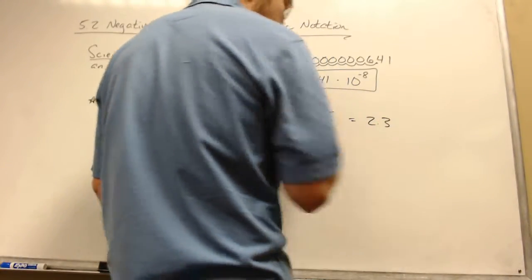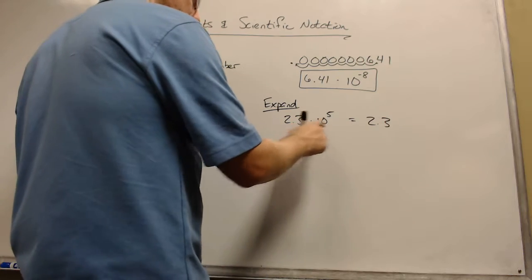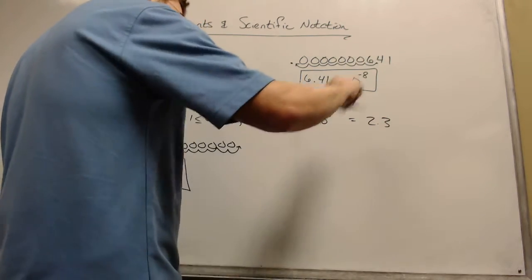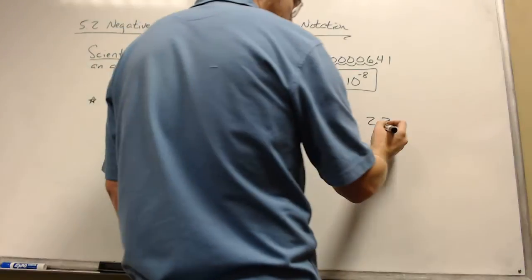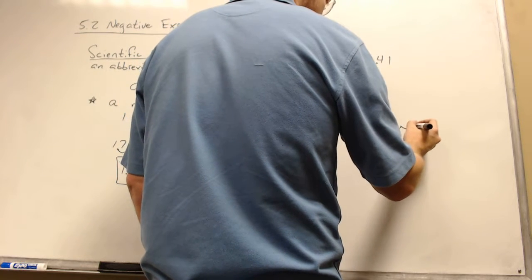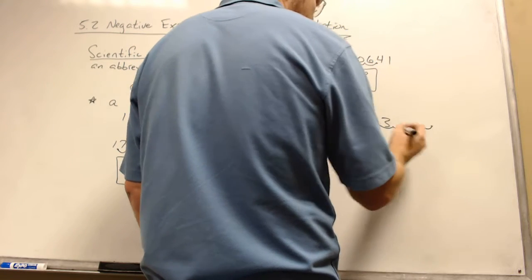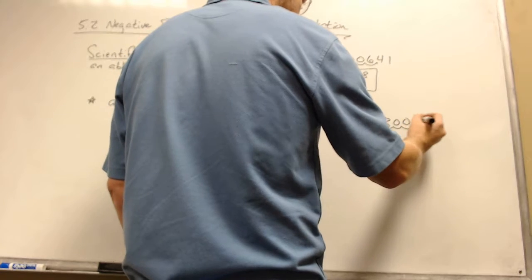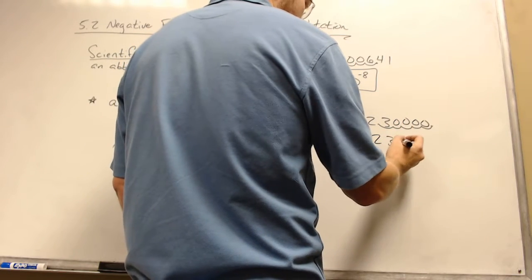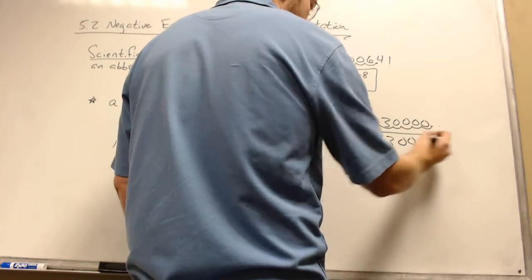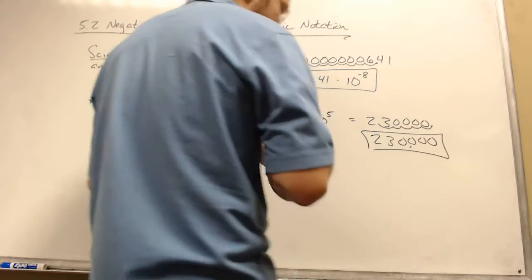We just write down our A value, right, and we move the decimal 5 spaces in the positive direction, so to the right. 1, 2, 3, 4, 5. Put our decimal there, and we can fill in these blank spaces with zeros. So our answer should be 2, 3, 0, 0, 0, 0. So 230,000.